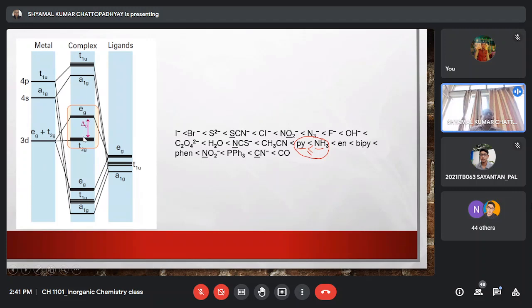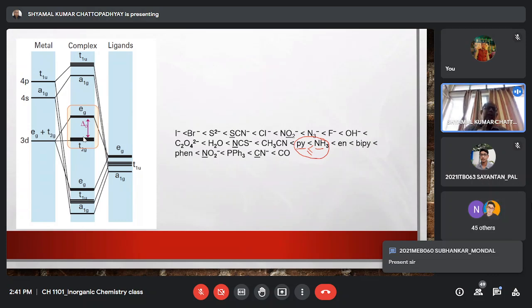So we may say that if the ligand is a better sigma donor, or the greater the basicity of the ligand, the better will be its sigma donor property, and so the eg star energy will increase more, and as a result the crystal field will increase.